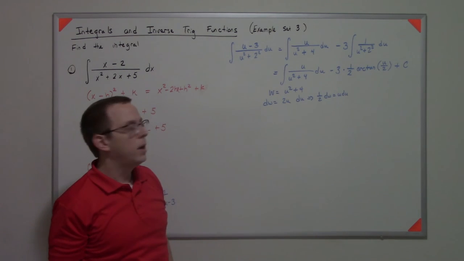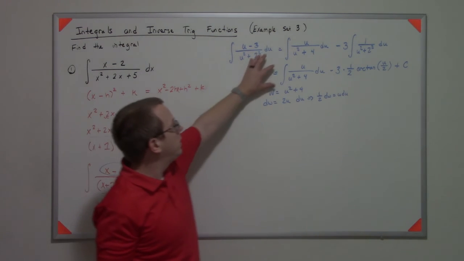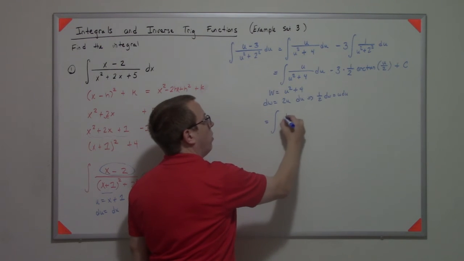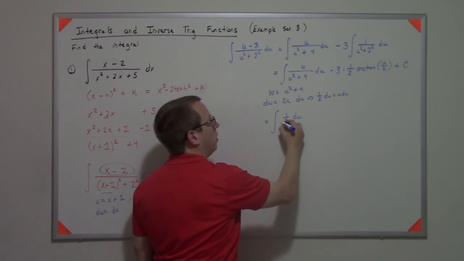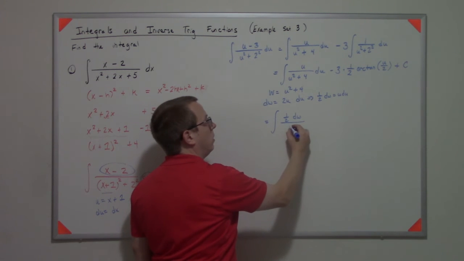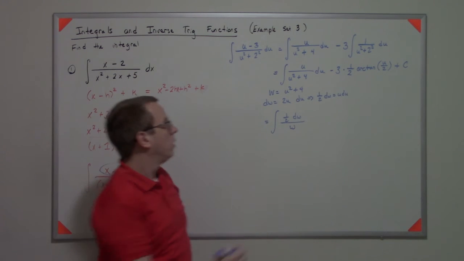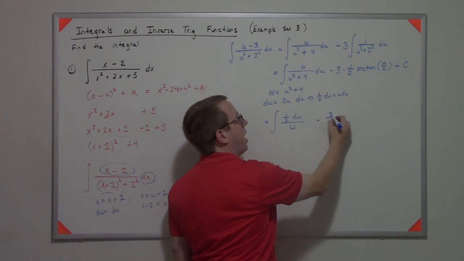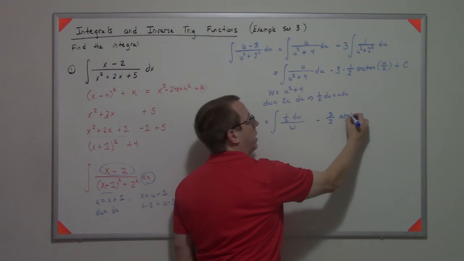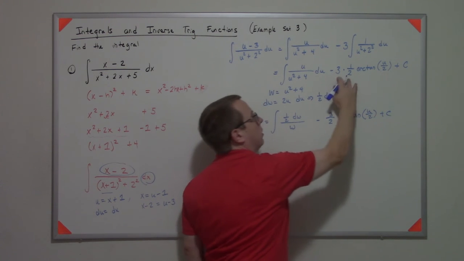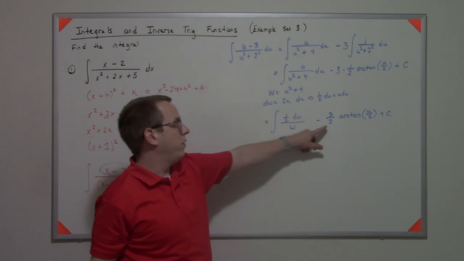Okay. So because of that, this integral now becomes 1/2 dw over w minus 3/2 arctan. I just absorbed the negative 3 and 1/2 into a single term here.